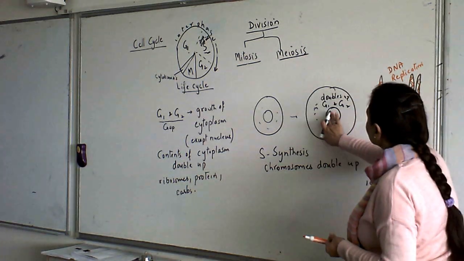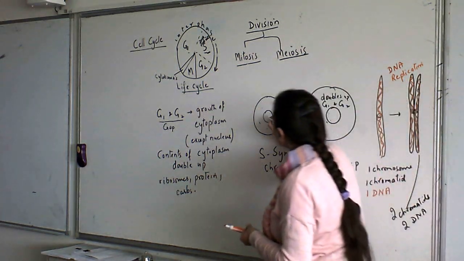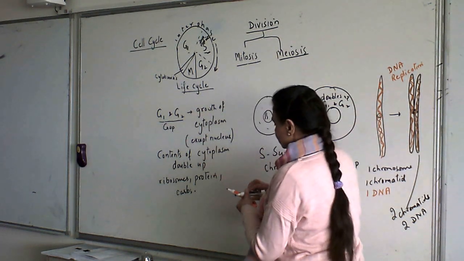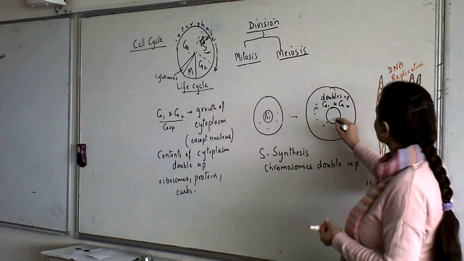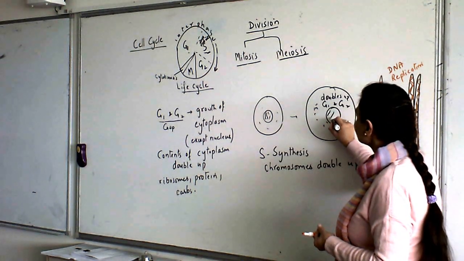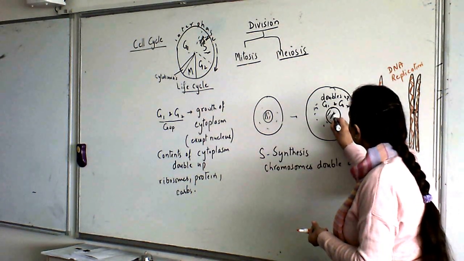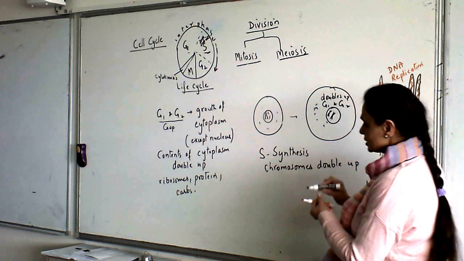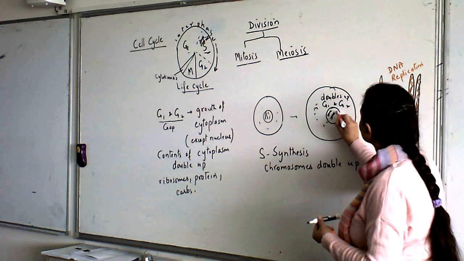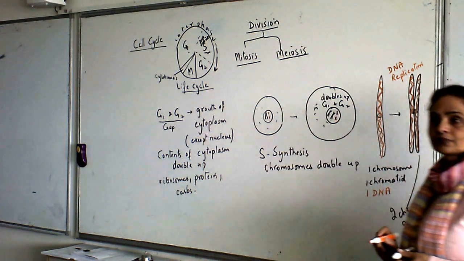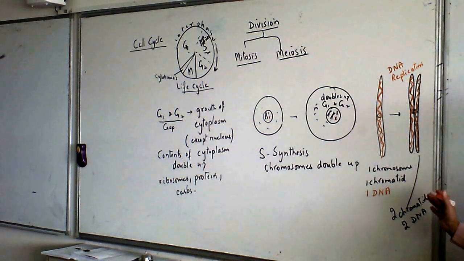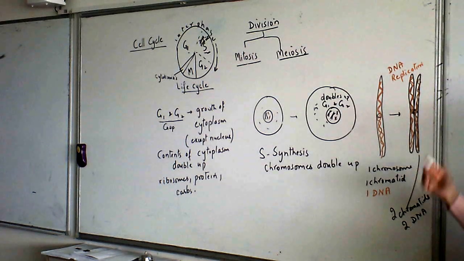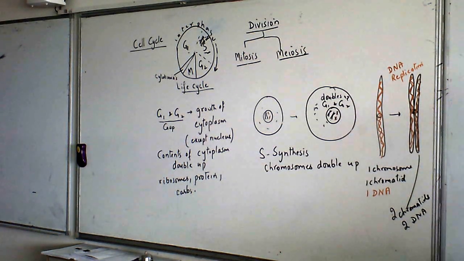This results in, say, if you look at a cell that has 1, 2, 3, 4 chromosomes, still 4 chromosomes, but with 2 chromatids each. Right? The cell is now ready to divide. Means interphase has completed. Right?